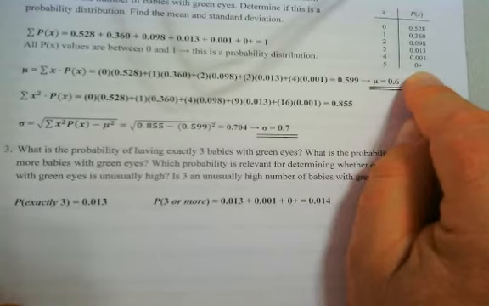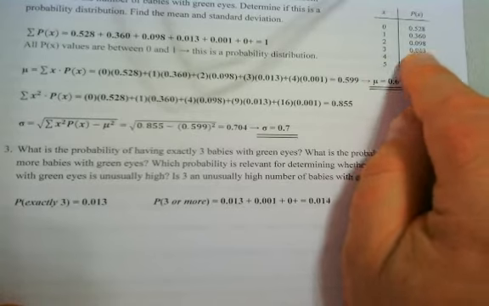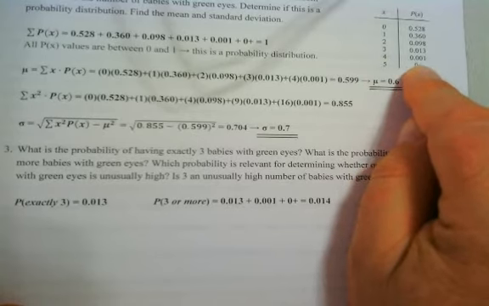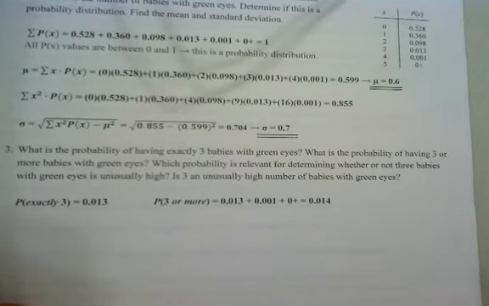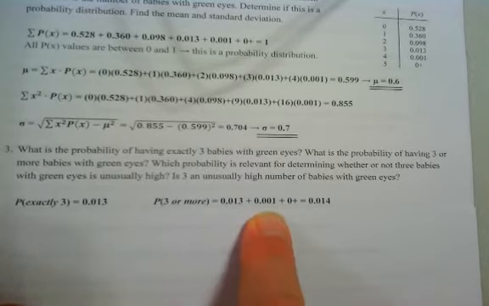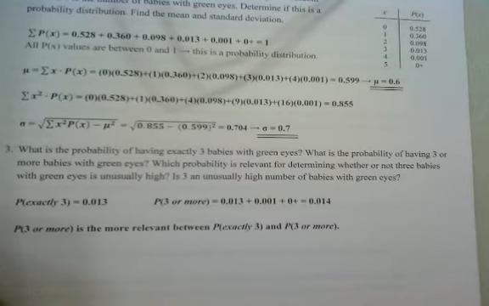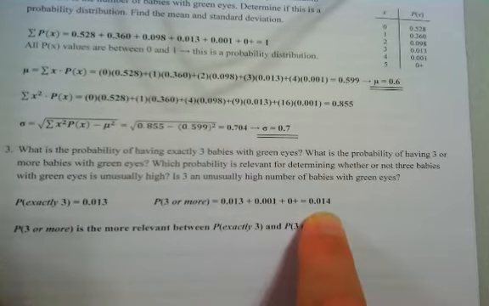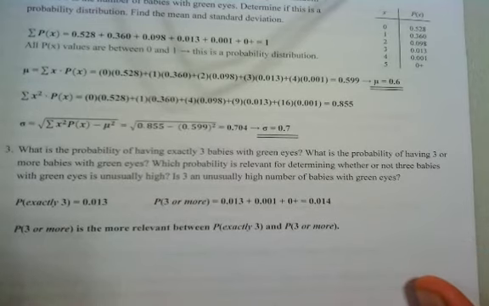Now the 0 plus I can ignore because it's insignificant, but basically the 0.013 and the 0.01 gives me a chance of 0.014. Now the question is, should I use this or use that in determining whether or not 3 is the most relevant? The answer is we're going to pick the 3 or more because the additional amount is not significantly different than this one, and so we're going to use 3 or more.